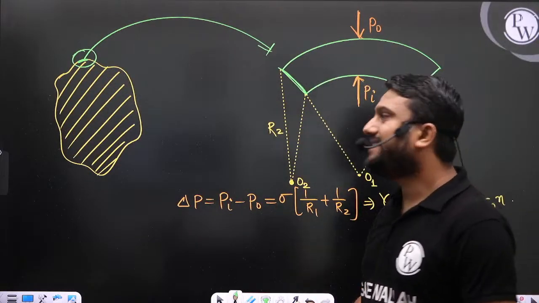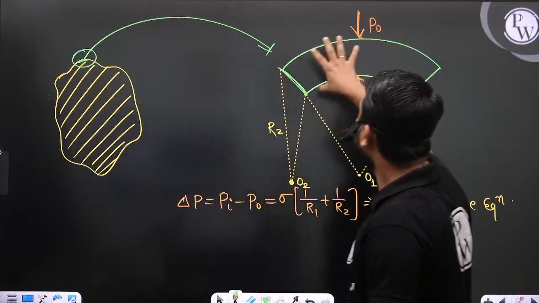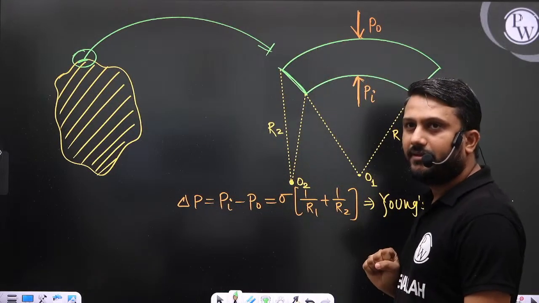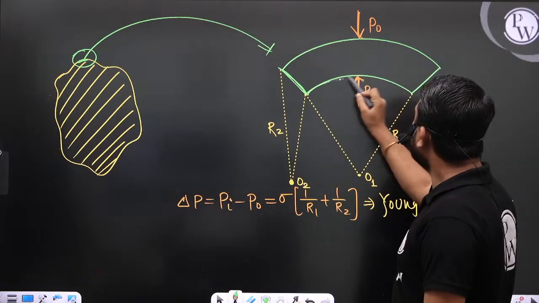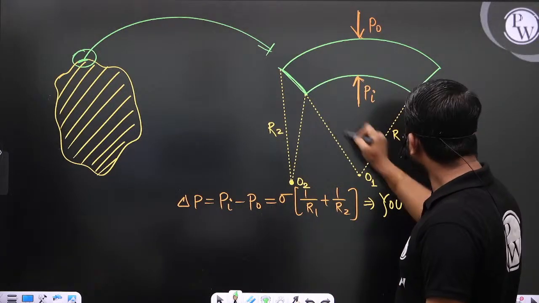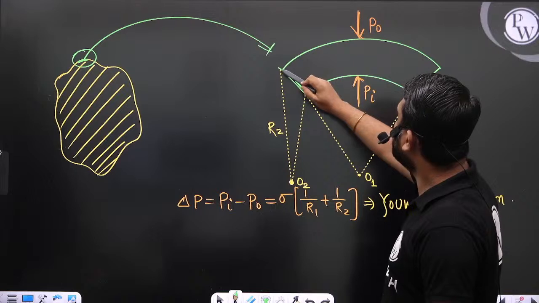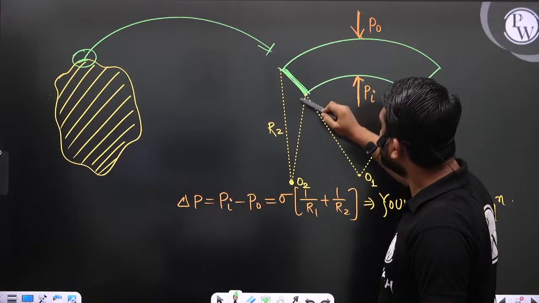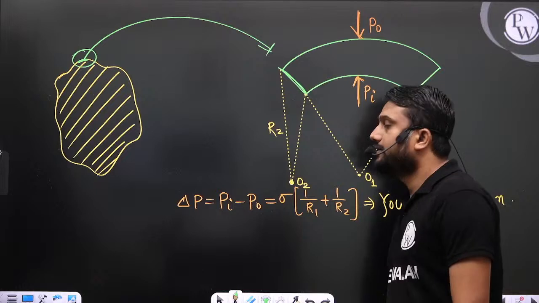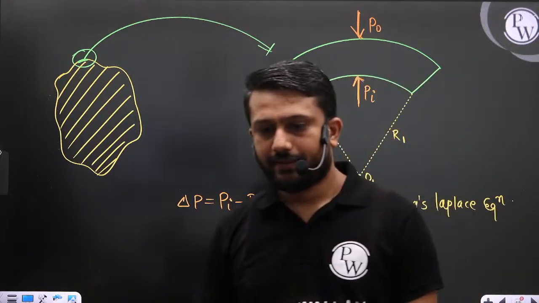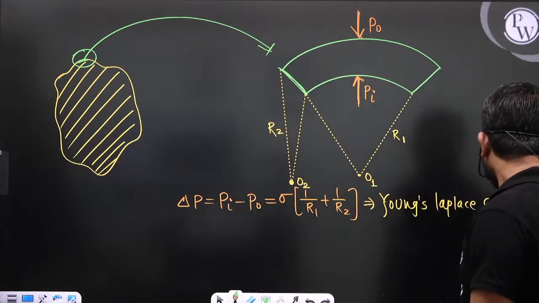And if you exaggerate this particular portion, then you are getting such kind of element. So for this interface, this is the radius of curvature, that is R1, and for this interface, this is the radius of curvature, that is R2. Is it okay? Fine.